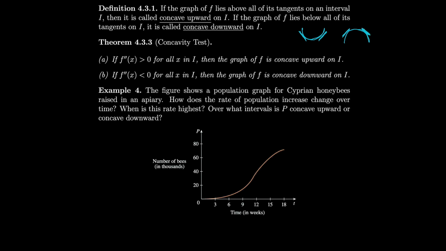So when the second derivative is positive for all of an x interval, it should make sense that the graph will have to be concave upward over there. And when it's negative, it should make sense that the graph will have to be concave downward. That's how it forces the tangents to behave near the function.